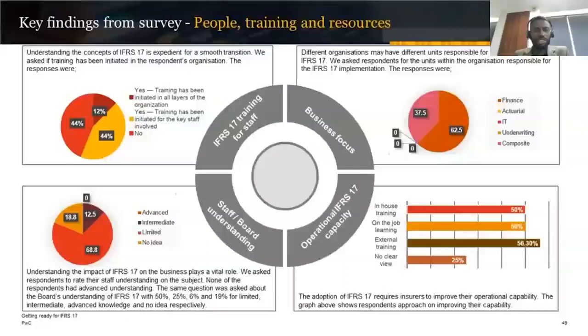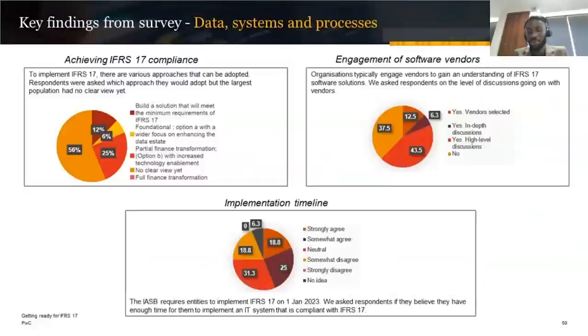On the solution strategy, that is, how they intend to approach IFRS 17 implementation, considering everything that we spoke about and how impracticable it might be to do it manually: about 12% of our respondents indicated that they intend to build an in-house solution. 66% said they would build an in-house solution with a wider focus on enhancing data.